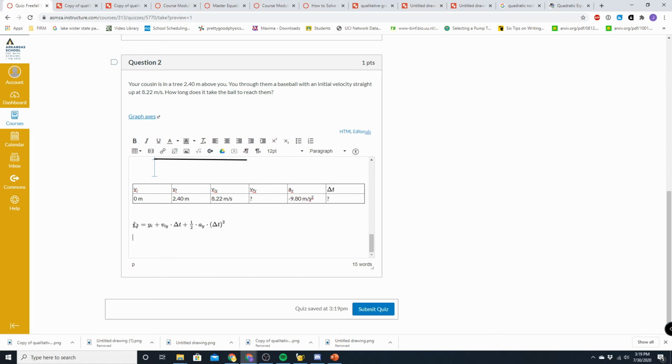is to put everything on one side and put it so that we have t squared, then t, and then constants.